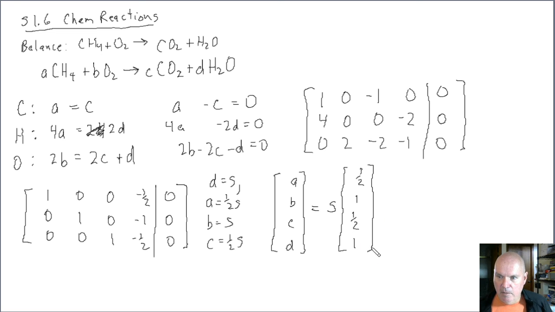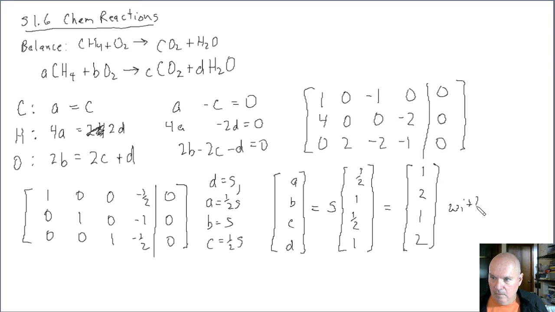Now to balance the chemical equation, I want the smallest integer values of these coefficients. And I'll see that I can get the smallest possible set of integers by letting S equal 2. I'll get 1, 2, 1, 2 here, with S equal to 2. So the final balance: A equal to 1, B equal to 2, C equal to 1, D equal to 2.